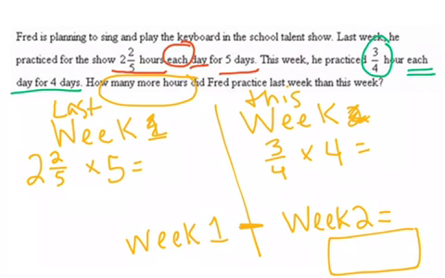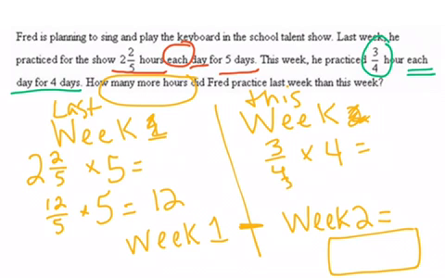I'm going to change my mixed number into an improper fraction and multiply, and I know that this is going to be 12. So week 1, I have 12 hours of practice, but again, you can use a calculator. On the next week, 3/4 of an hour for 4 days.